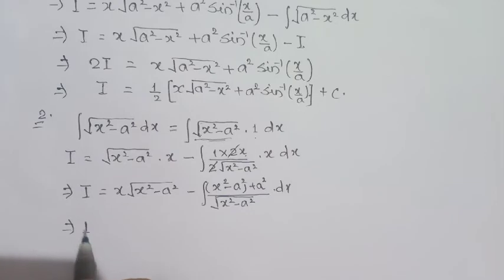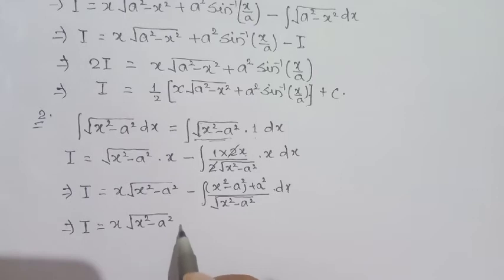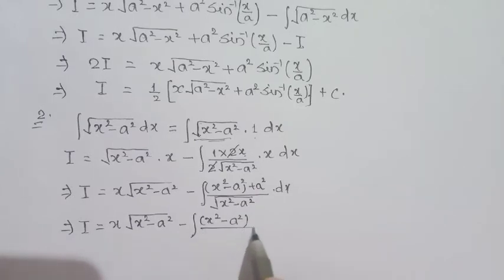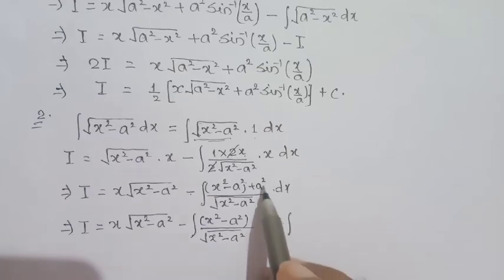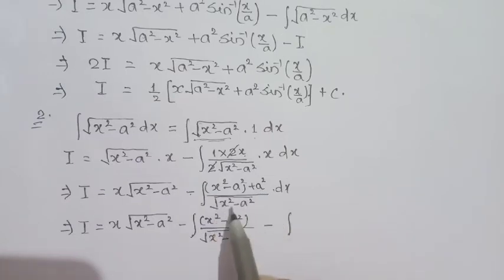So I should now be equal to x into under root x square minus a square minus integral of x square minus a square divided by under root x square minus a square, minus into plus becomes again minus, integral of a square by under root x square minus a square.